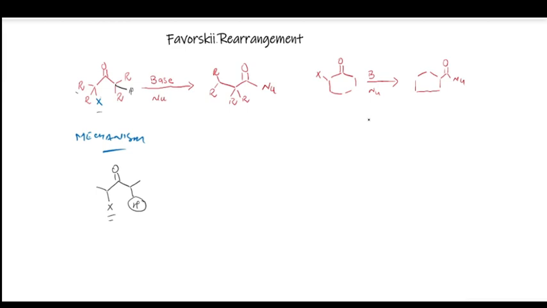Remember, this halogen could be chlorine, bromine, or iodine. So any of these halogens can be present in the starting material, and this alpha haloketone is reacted with a base. So this base will obviously abstract the acidic alpha hydrogen, leading to the formation of an enolate anion.